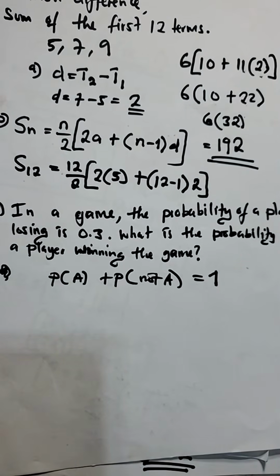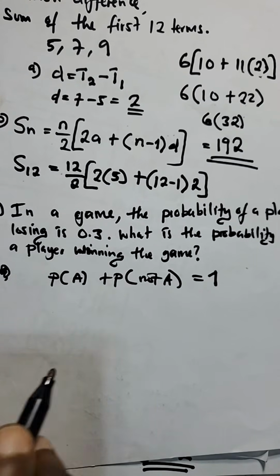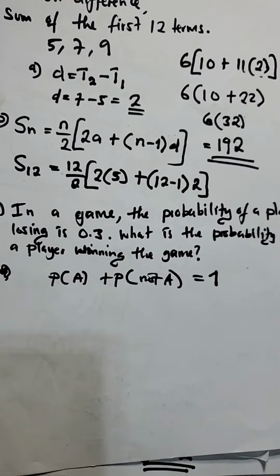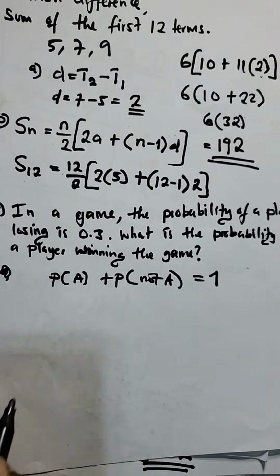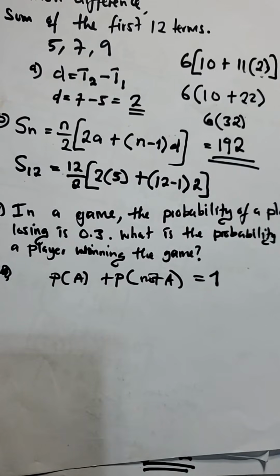Why 1? Listen, probability can range from 0 to what? To 1. You can't find an answer under probability which is greater than 1. You can find fractions, but not greater than 1 after dividing. If the probability is 1, it means that event is certain.